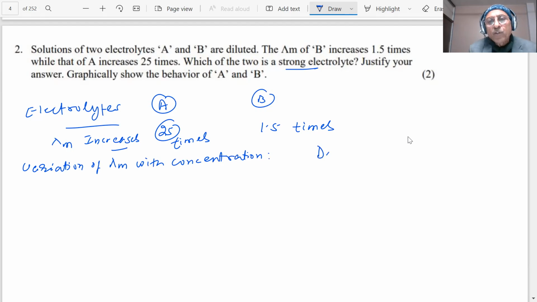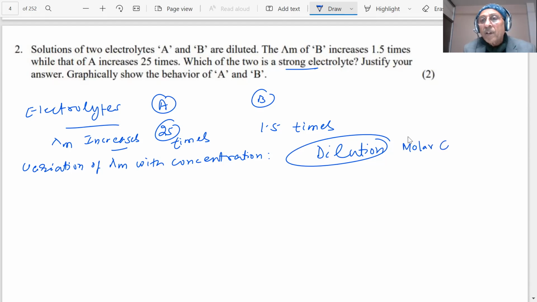Here I am talking of dilution because effects are always talked on dilution. You know that what happens on dilution? Molar conductivity, student, lambda m increases with the dilution. And again, we should know what are the factors which will decide this. What are the factors due to which it increases?